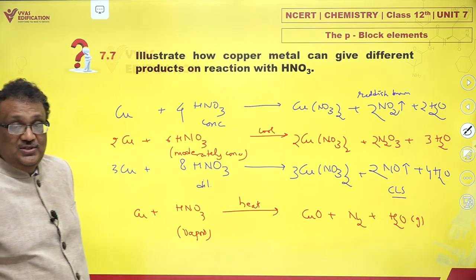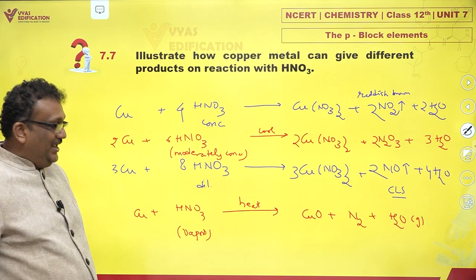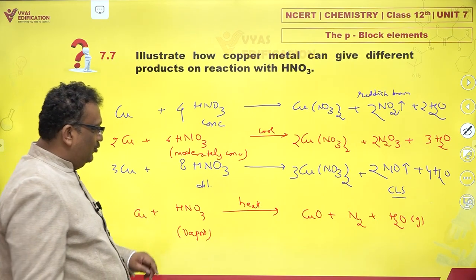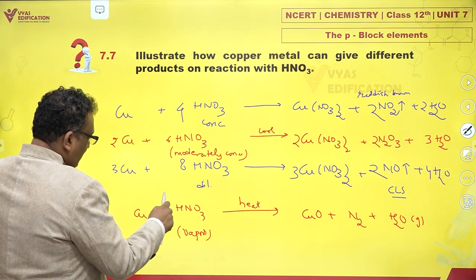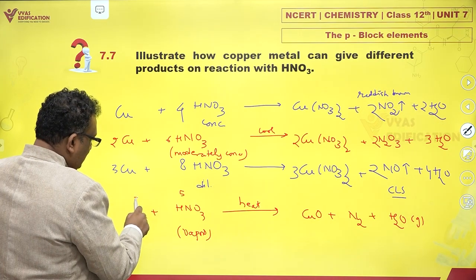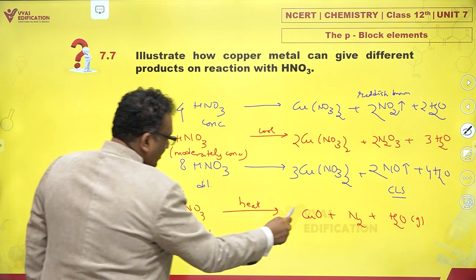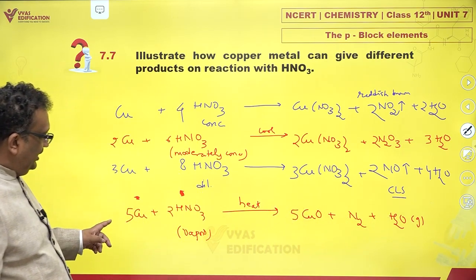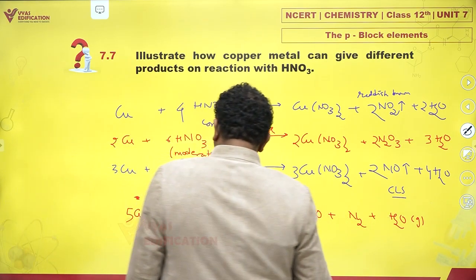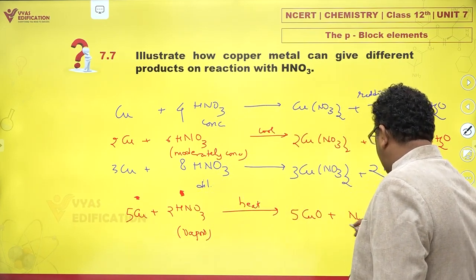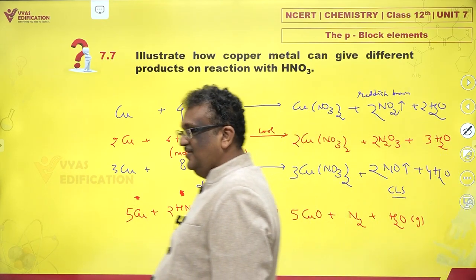Oh my god, this is the case. Yes, this is the case. You find plus 5 goes to 0 and this is 2. So this is 2 and 5. Okay, you have 5 CuO indeed, and you have 1 H2O, and how much nitrogen? 1 nitrogen. That's it. This is balanced.